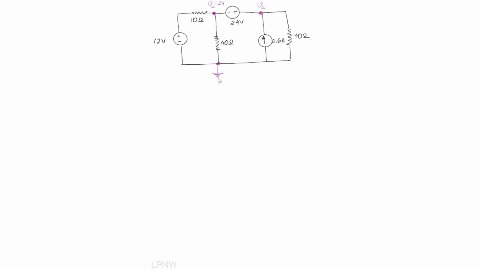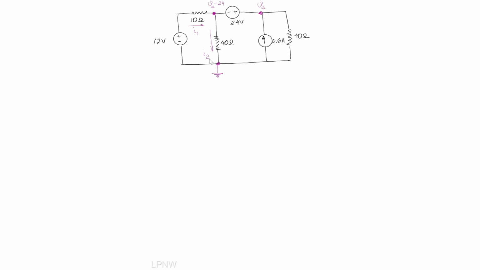So let's organize some currents. We will have a current that is powered by the 12 volt source and goes through the 10 ohm resistor, let's call it I1. We will have a current that goes towards the ground through the 40 ohm resistor, let's call it I2.